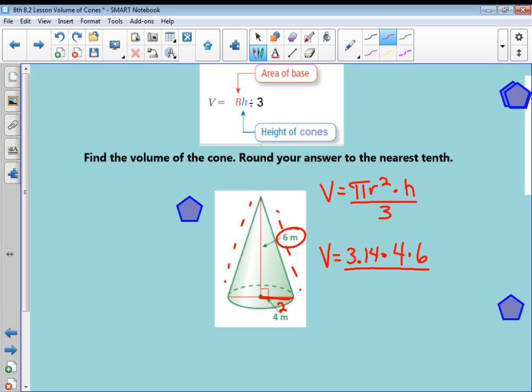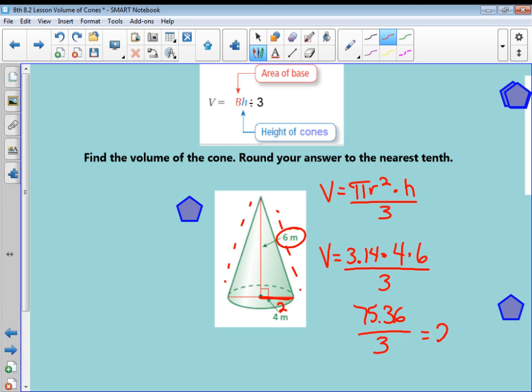And then we have to remember to divide by 3. That's the most commonly made mistake. Or take it times a third. Okay, so on my calculator, we're going to do 3.14 times 4 times 6. And when I do that, I get 75.36. Now I have to remember to divide by 3 because it's a cone, or take it times a third.